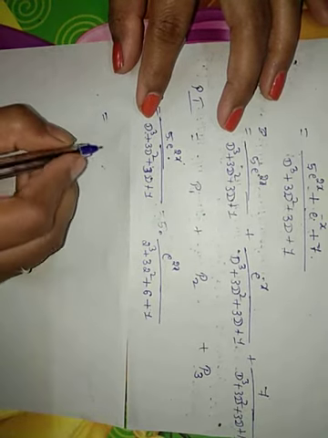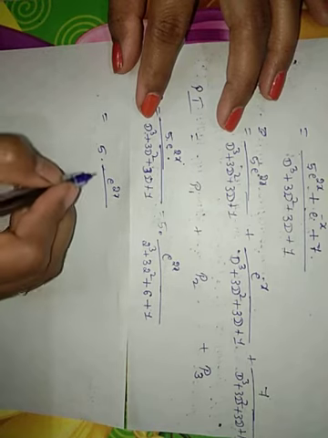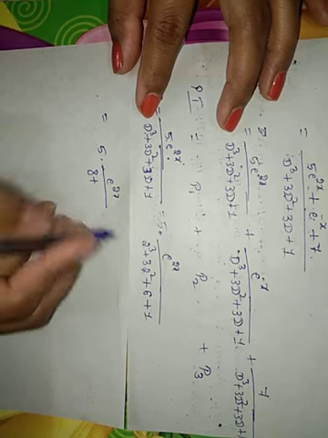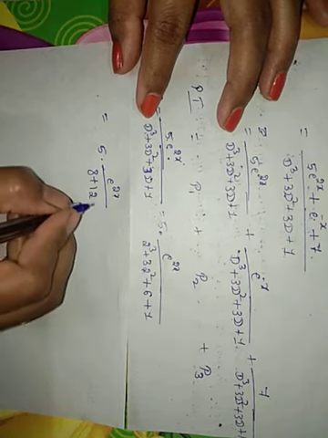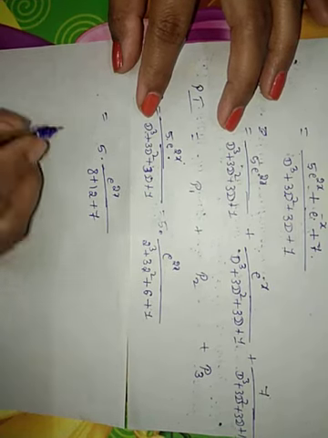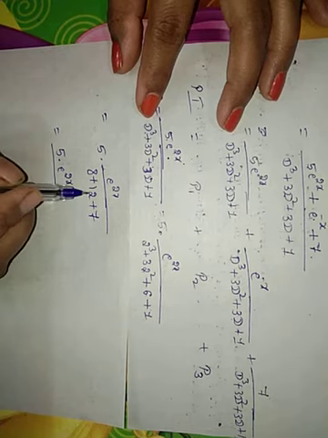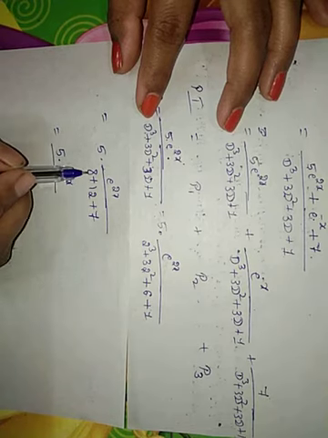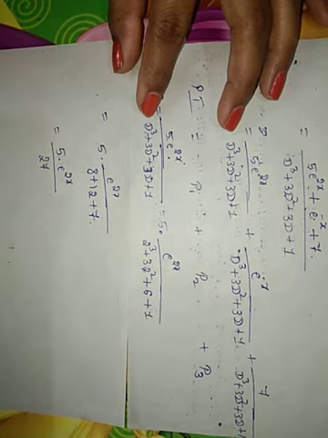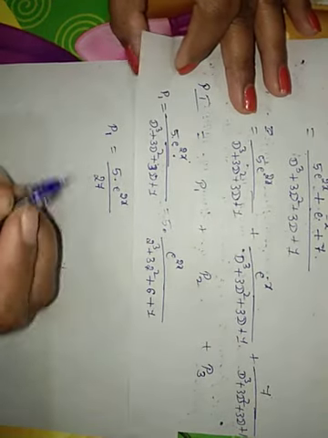That is equal to 5 e raised to 2x divided by 2 cube is 8, plus 2 square is 4, 4 into 3, 12, plus 6 plus 1. 12 plus 8 is 20, 20 plus 7 is 27. 5 e raised to 2x divided by 27 is your P1.